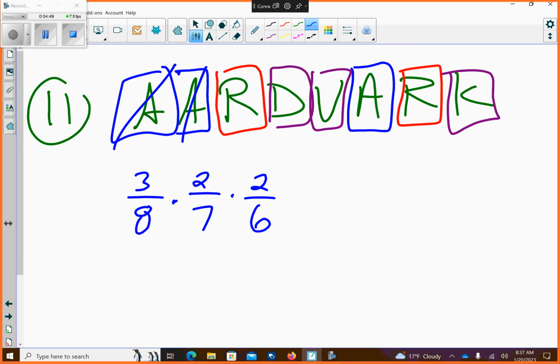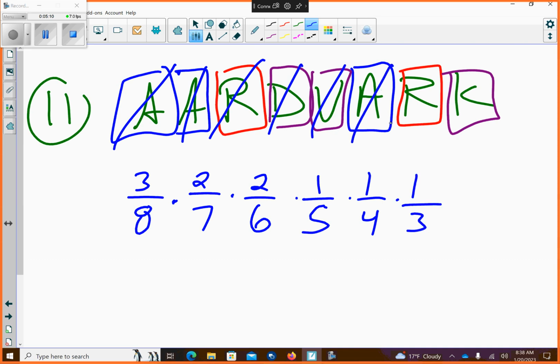And then the D, there's only one, but there's only 5 tiles left. The V, there's only one. There's only 4 tiles left. The A, there's only one A left in there, and there's 3 tiles. The R, there's only one of those left in there. And then the K, there's 1 out of 1.